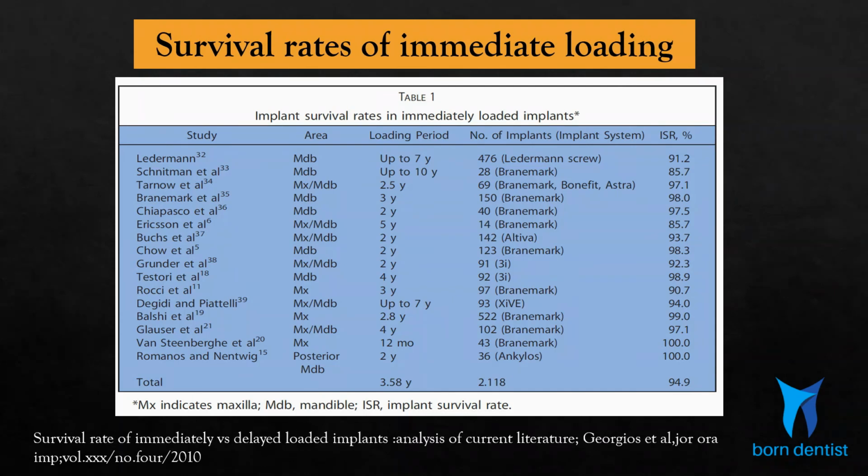Now this is in straight opposition to a mean survival rate of 94% for immediate loading, with 200 implants for a span of 3.5 years. Now, what we need to consider here is, if you look at the survival rates of immediate versus delayed, the value is almost similar, which favors immediate. But the number of implants and the time span is too less to reach any conclusion.